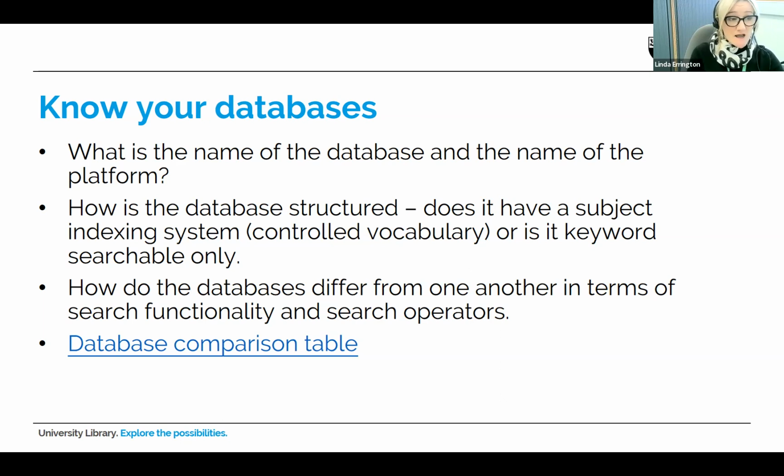So Medline, Embase, PsycInfo are all available via Ovid at Newcastle University. So you would need to say that you searched Ovid Medline or Ovid PsycInfo, for example, and then it would be absolutely clear to anybody reading your research what they would need to do in order to replicate that search.